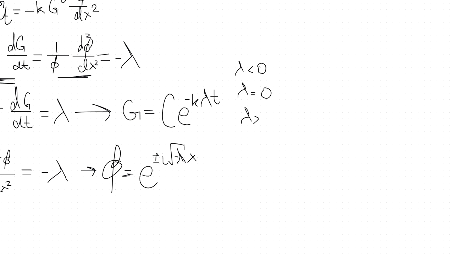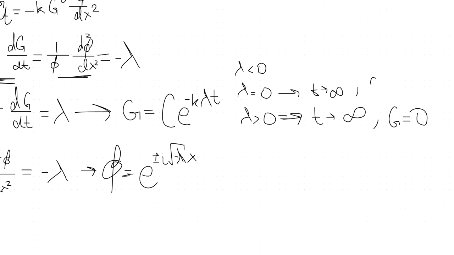So when lambda is greater than 0, then as t goes to infinity, g will go to 0, which is reasonable and physically not impossible. Likewise, when lambda equals 0, then as t approaches infinity, g will just equal C, which again is also physically not impossible.